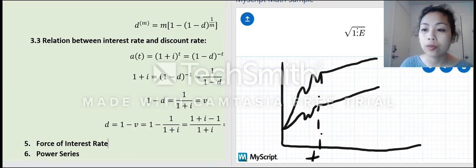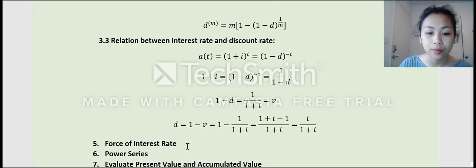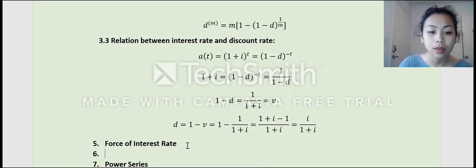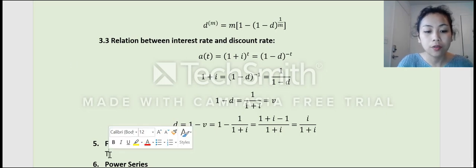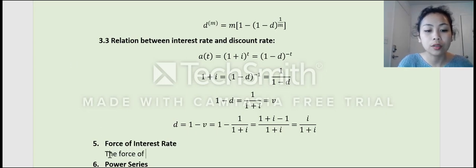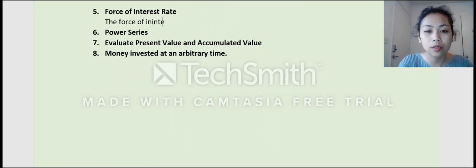So here the force of interest rate is notated by delta t.